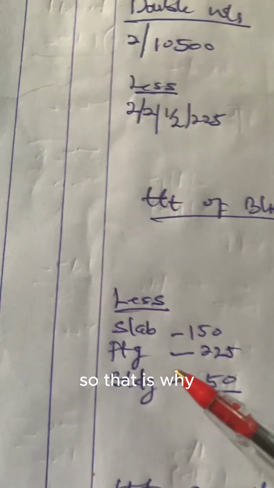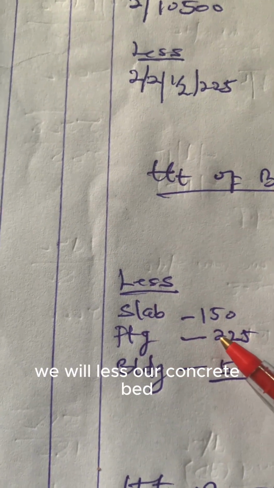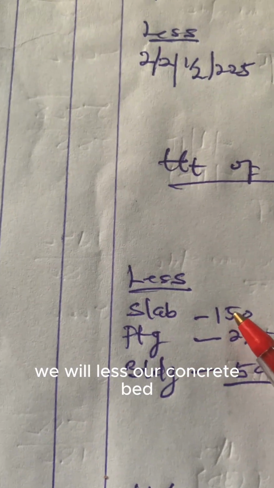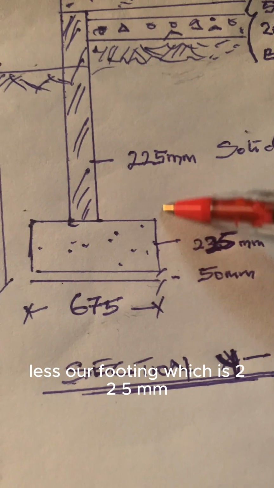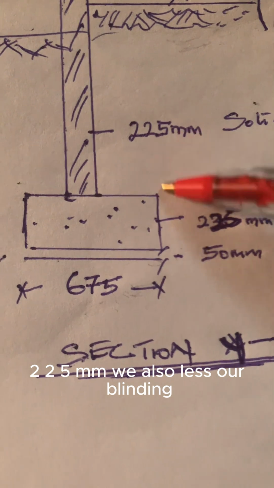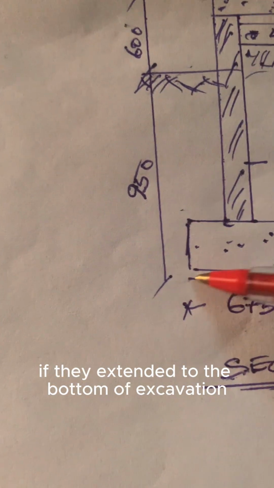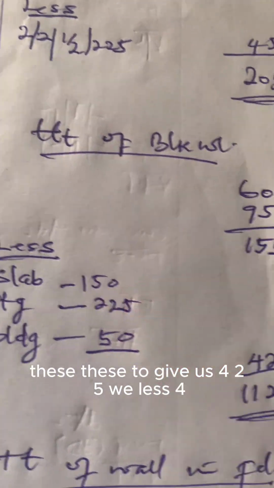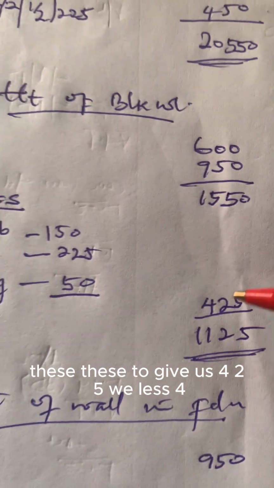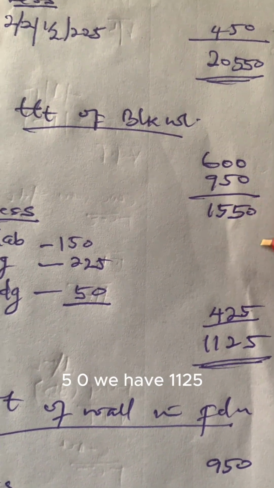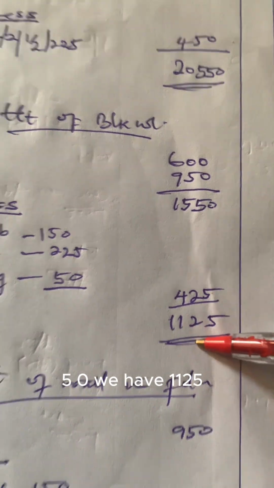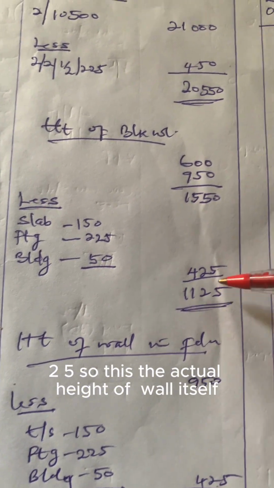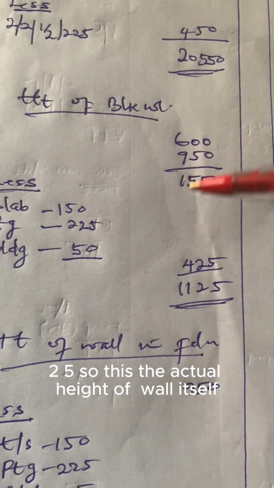So that is why we will less our concrete bed, less our footing, which is 225 mm. We also less our blinding because this 950 extended to the bottom of excavation. So that is why we have these to give us 425. When we less 425 from 1550, we have 1125. So this is the actual height of block wall itself.